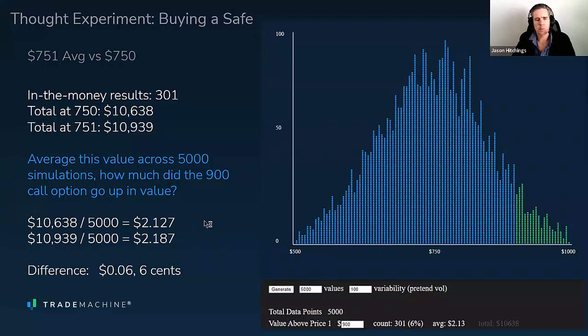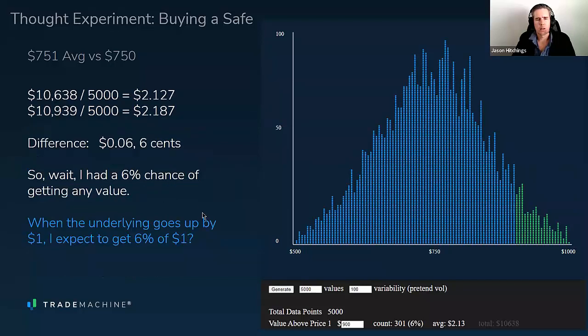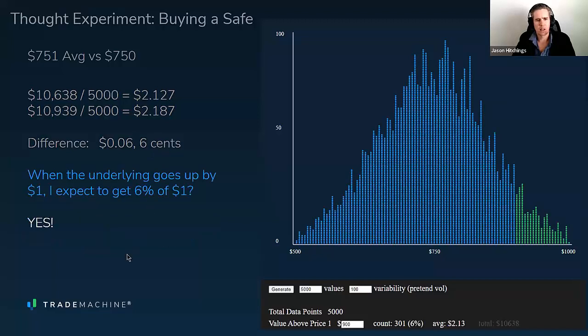The difference is 6 cents, but that number seems to be recurring a lot. We had a 6% chance of getting anything and we increased it by $1. Is that a coincidence, or is that the way it works?